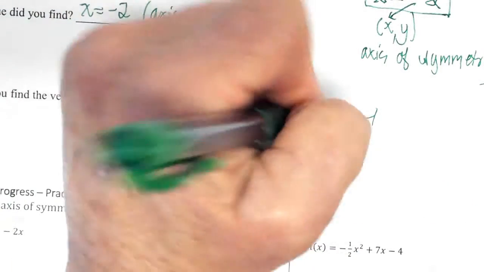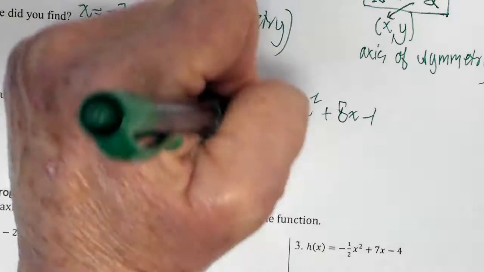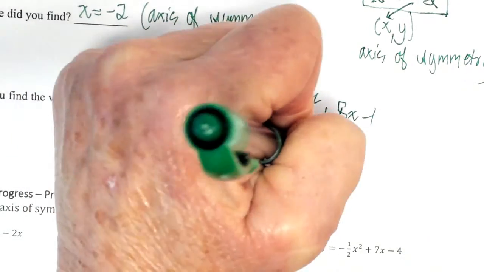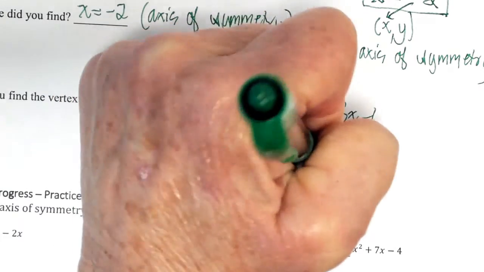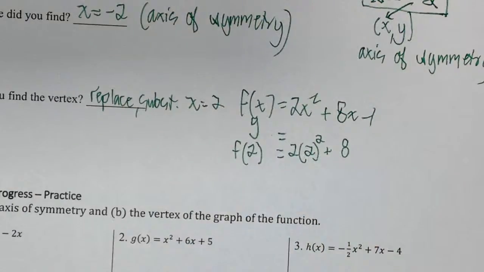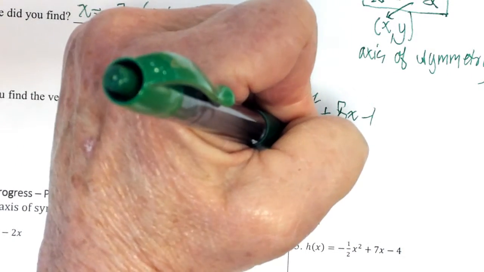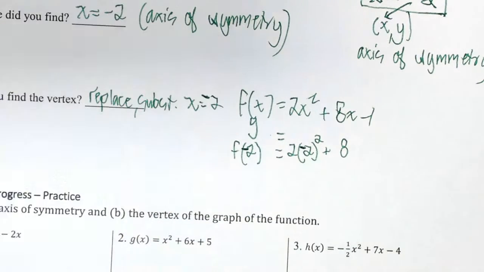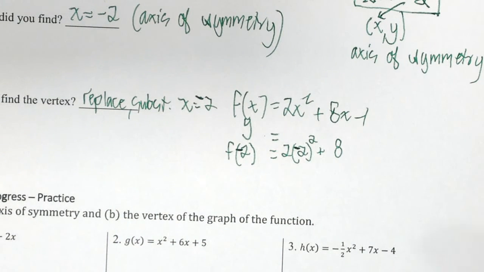So I could write f of negative 2 is equal to 2 times negative 2 squared plus 8. Oops, it's negative 2. Can't forget that. It's going to change my answer.